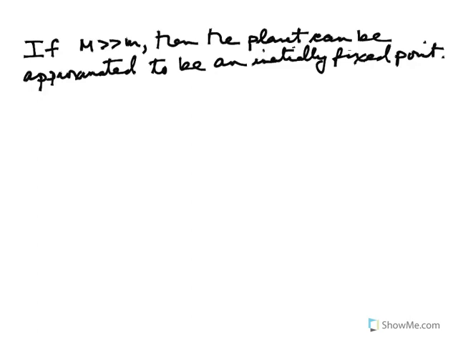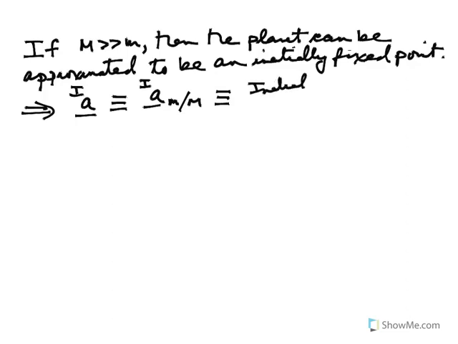So as a result, what that tells me is that the acceleration in I, which is, remember, the acceleration of the spacecraft relative to the planet, because the planet now is going to be considered an inertially fixed point, becomes the inertial acceleration of the spacecraft.